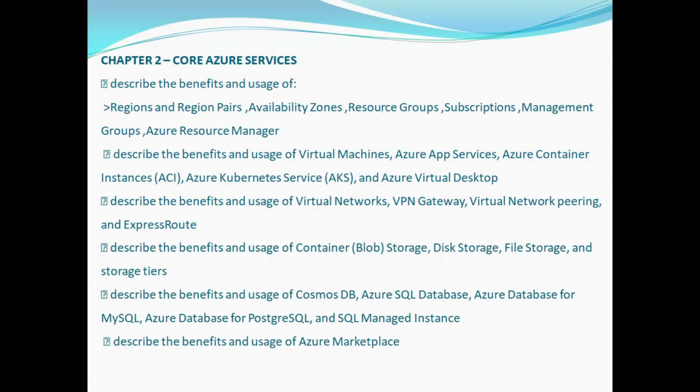And different types of storage accounts, container storage, disk, file, and storage tiers. And different types of DB such as Cosmos DB, Azure SQL Database, Azure Database for MySQL, Azure Database for PostgreSQL, and SQL Managed Instance. And finally, the Azure Marketplace.